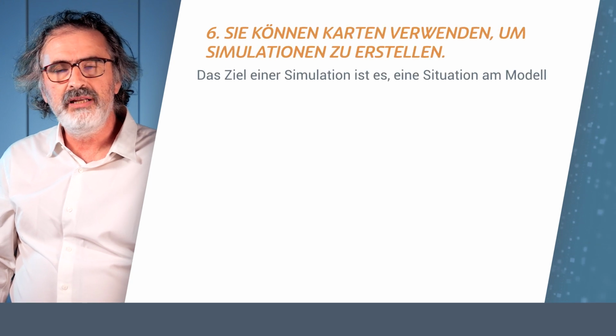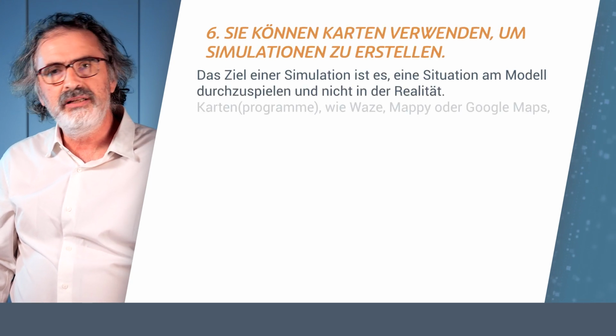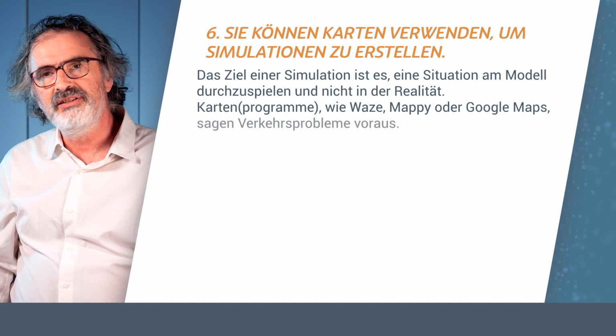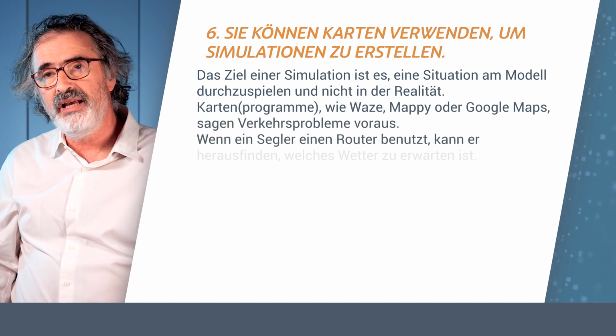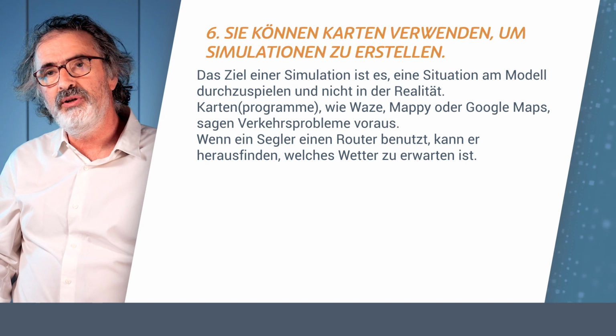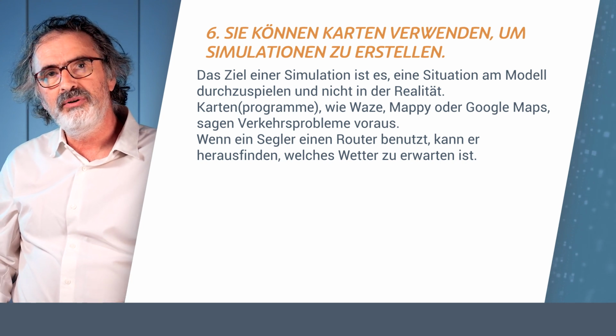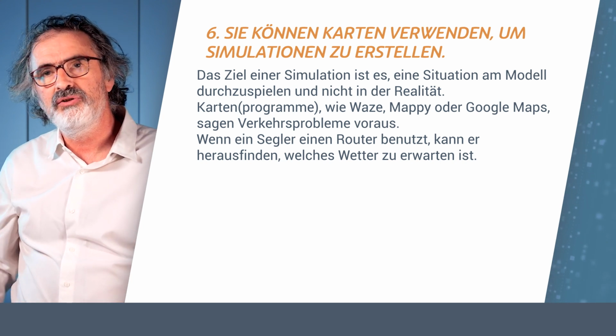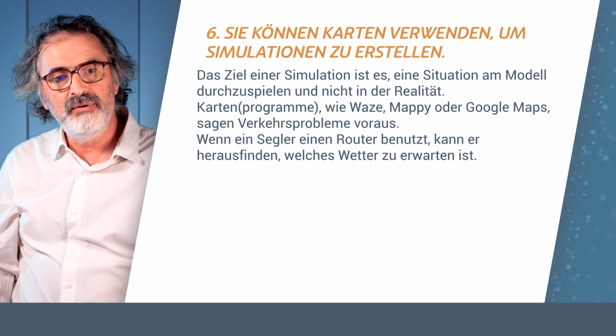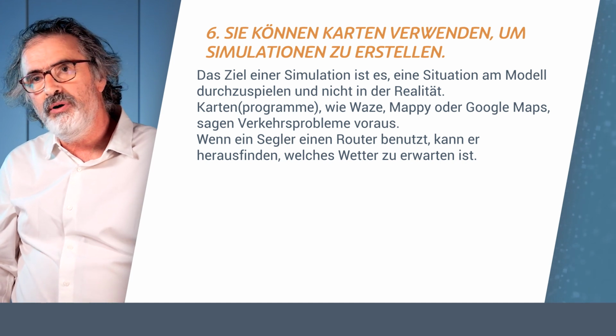One of the things you can use maps for is to create simulators. Nowadays we have all got navigation systems in our cars which are just that, maps that are simulating the traffic and that allow us to know how long it is going to take us to get from one place to another. The same works for a sailor.